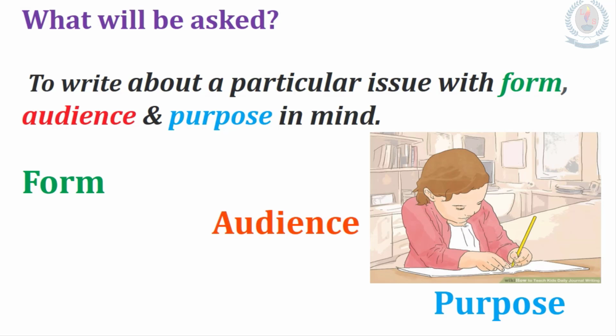Then audience. Audience means to whom you are going to write. It is the individual or group of people your writing should be aimed at. Then purpose. When we talk about purpose, this refers to the style of writing.